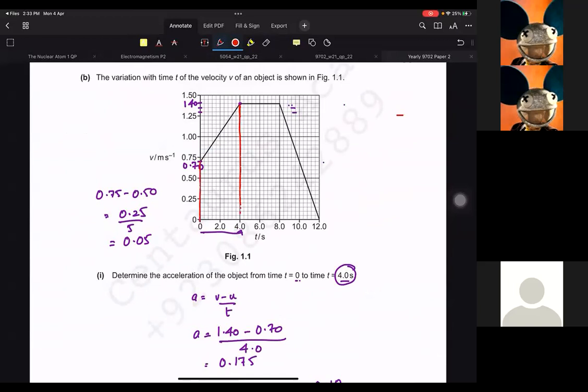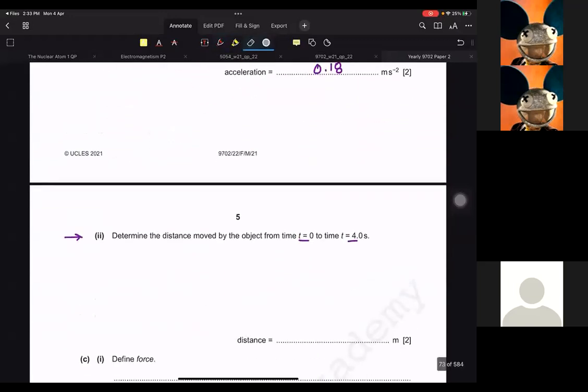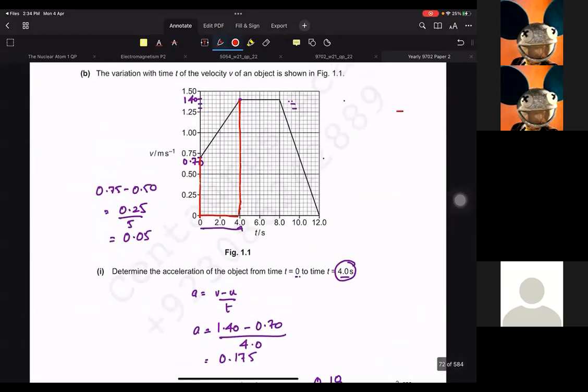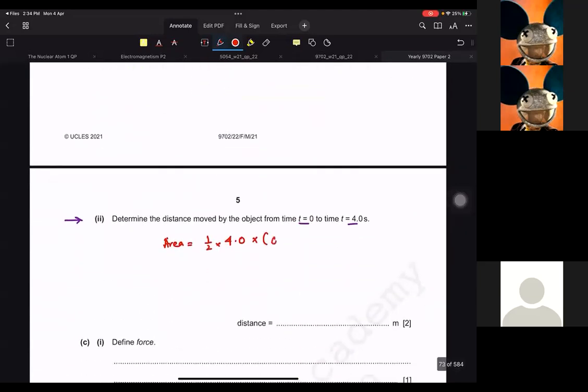So this makes a trapezium, all right? So this is 0.7, that is 1.4, and we have this. So easily you can do this area equals half times the height, which was 4, times the sum of parallel sides, this one and this one, which is 0.70 and 1.40. So you add that.